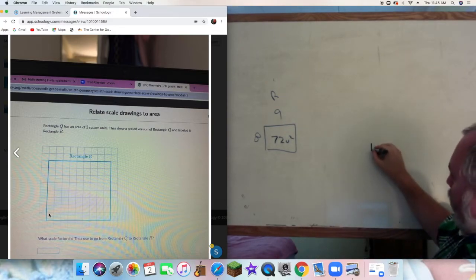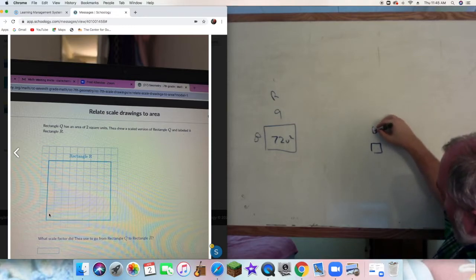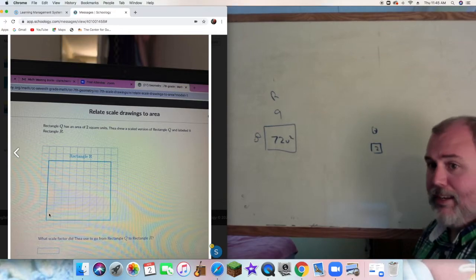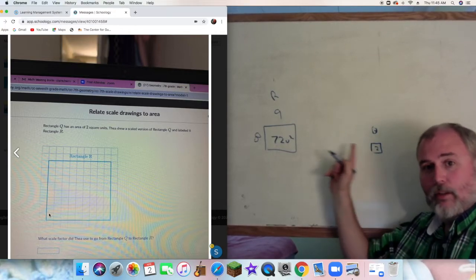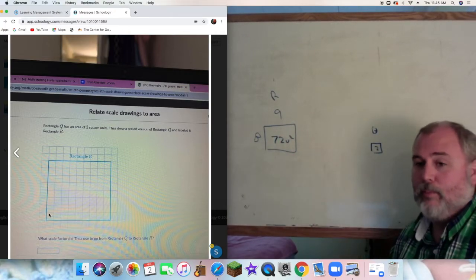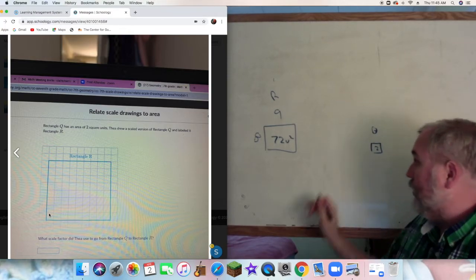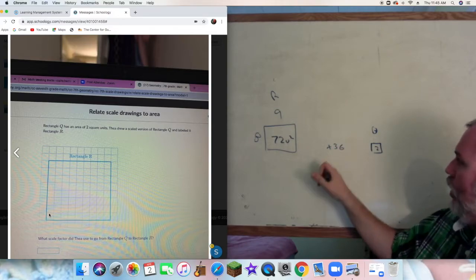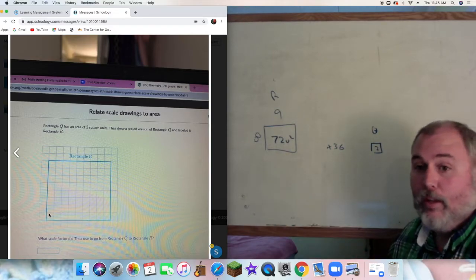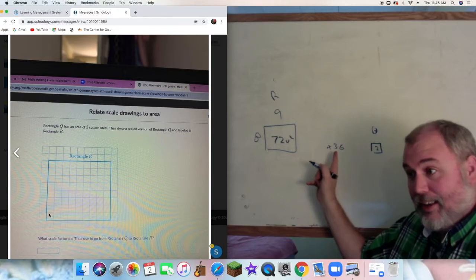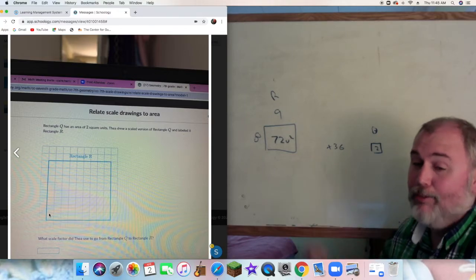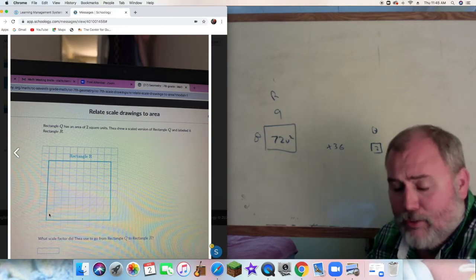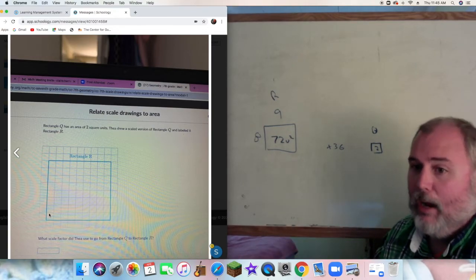If I start with Q, it tells me that it's 2 square units. So what did I multiply to get from 2 to 72? Well, 2 times 36 gives me 72. So this number is not the scale factor, it's the scale factor after it's been squared. So we're working backwards here.